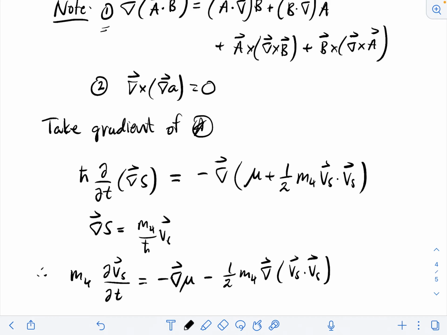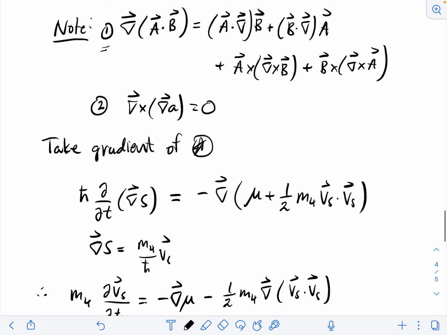Okay, so if a is equal to b, then in this first identity, these first two terms become identical, and the second two terms become identical.